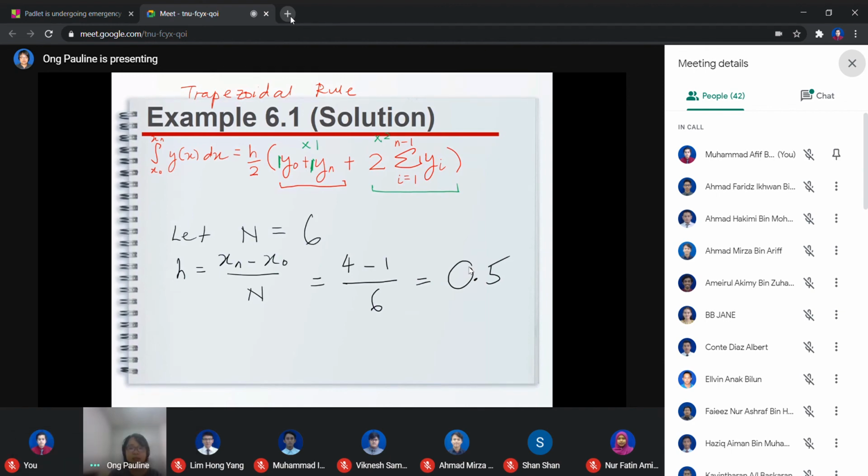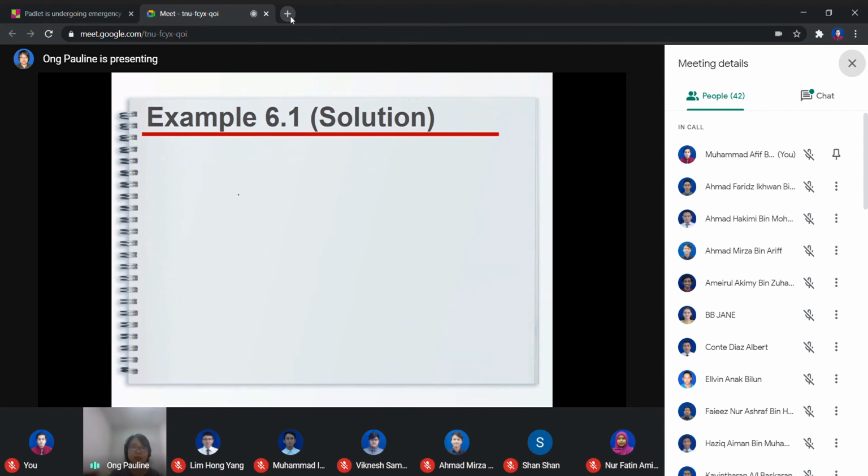Similarly, this is the integration that we want to solve: the integral from 1 to 4 of x over square root of x plus 1 dx.